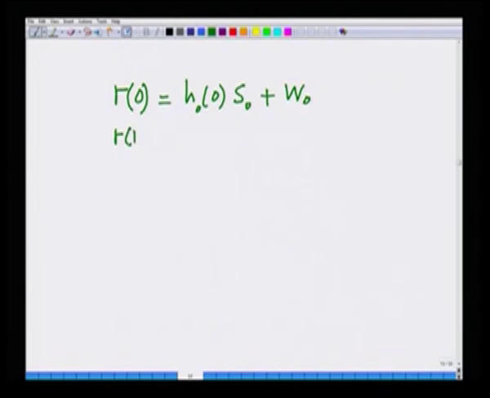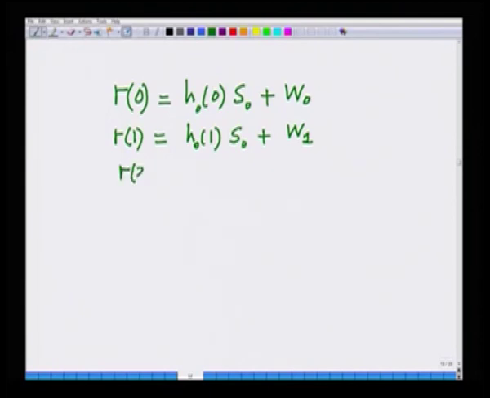R 1 equals H 0 of 1, that is the channel coefficient of user 0 corresponding to lag 1, times S 0 plus W 1, that is noise and interference corresponding to the second decorrelation with C 0 m minus 1.